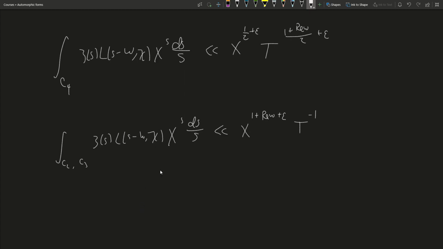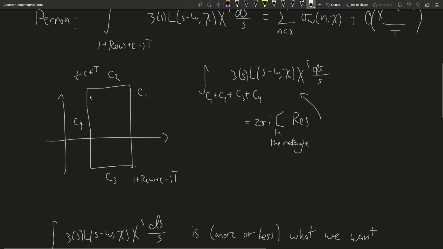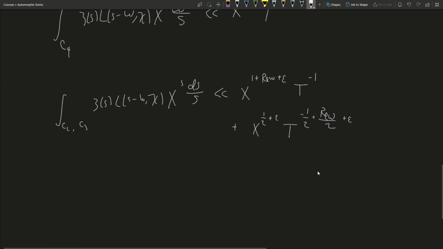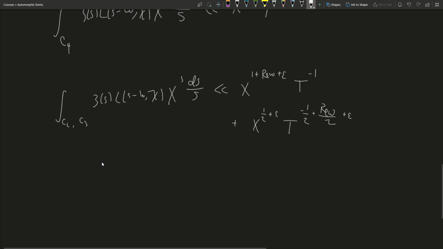You use the triangle inequality, so you just have a 1 over t from this, and then it's the left edge, x to the 1/2 plus epsilon t to the minus 1/2 plus the real part of w over 2 plus epsilon at these corners here, this one and this one. And you can see that this is going to be less than the contribution along C4, and this is the contribution we got from Perron's formula. So as usual, you don't really have to worry about these.